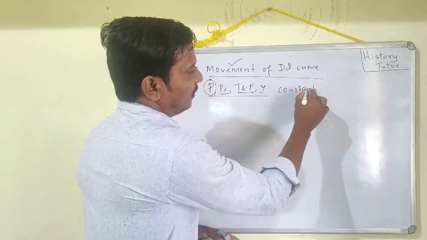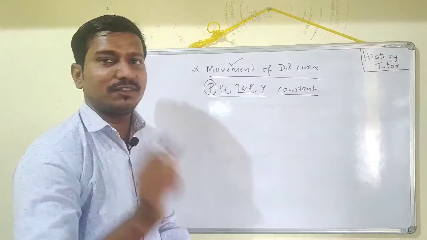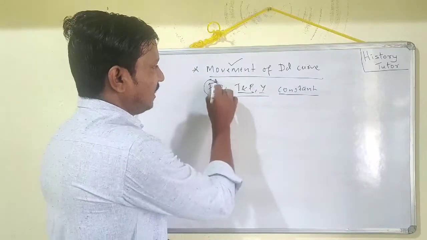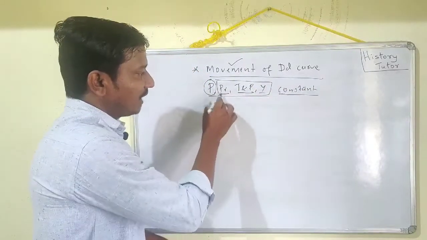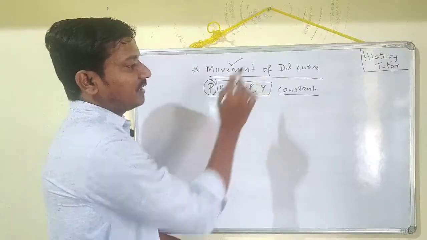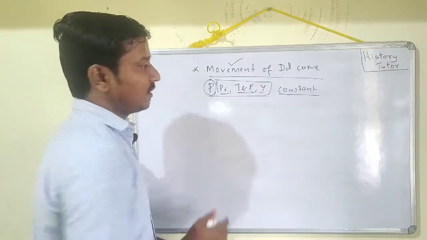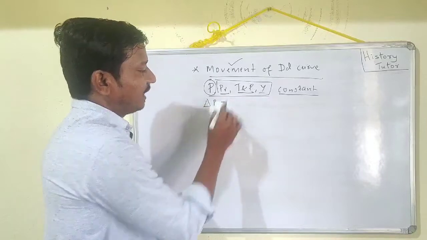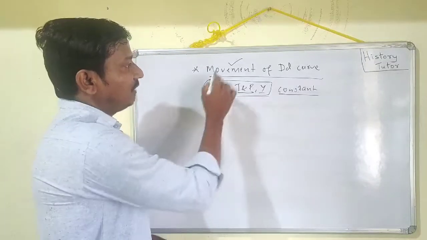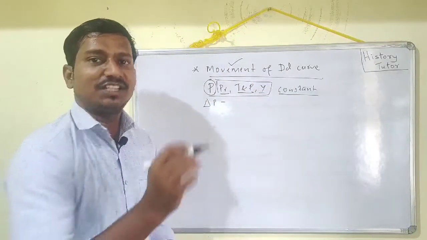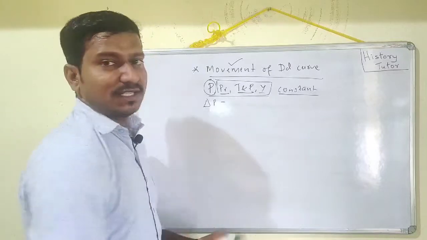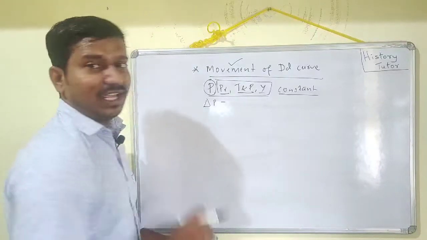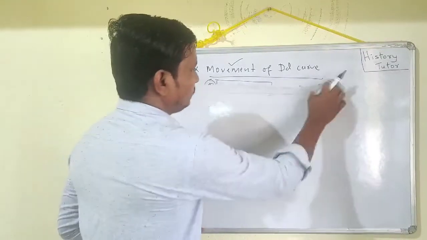As I already told you, economics is based on some assumptions, and in this case we are assuming that the price of the related product, taste and preference, and income of the consumers are constant, and we are just seeing that there is a change only in the price. By the change in the price, how the demand curve moves, that is what we are going to see here. So let us understand the movement of the demand curve with the help of a diagram now.